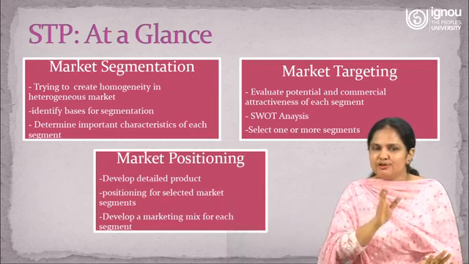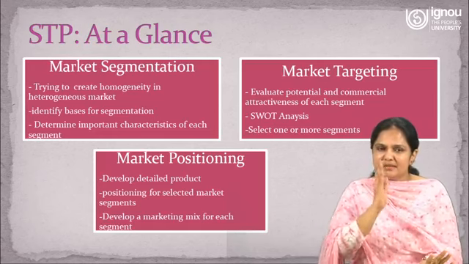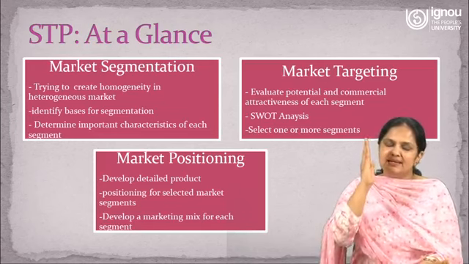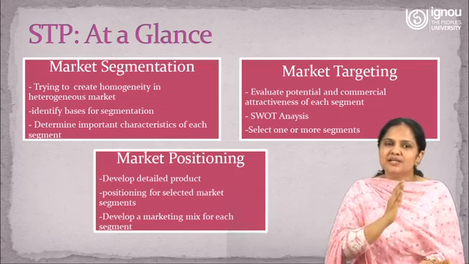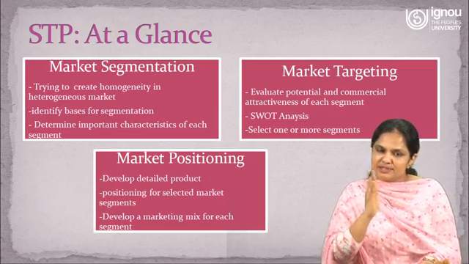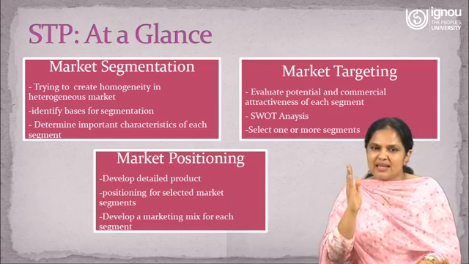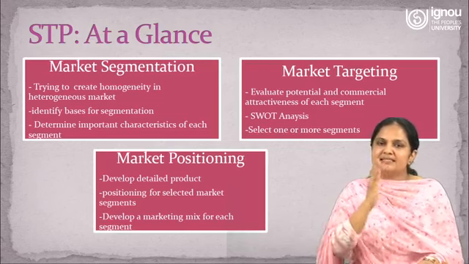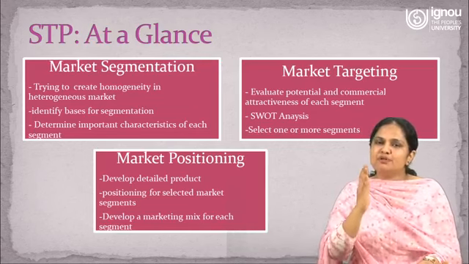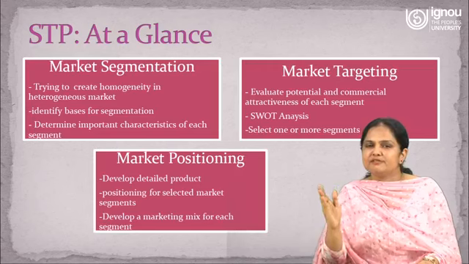So at a glance, STP: segmentation, targeting and positioning. In segmentation, we tried to create homogeneity in the heterogeneous market on the basis of various bases. And then we tried to determine important characteristics of each segment. In targeting, we evaluated the potential and commercial attractiveness of each segment.